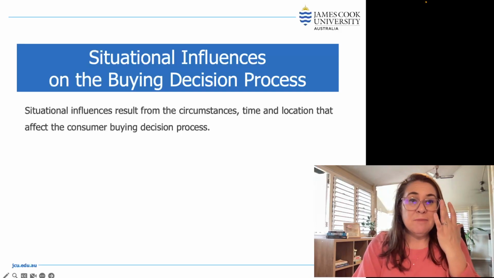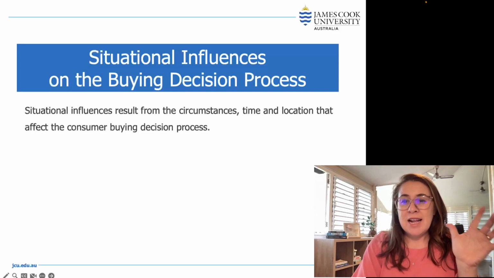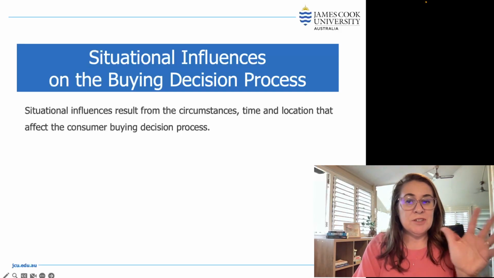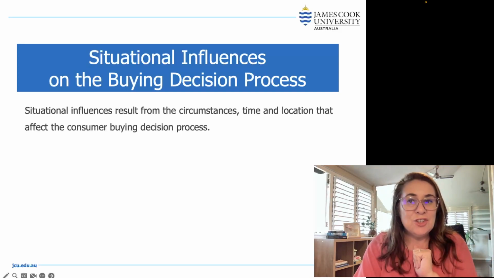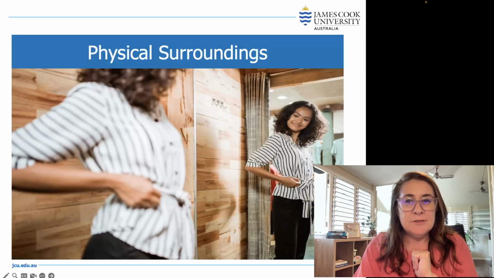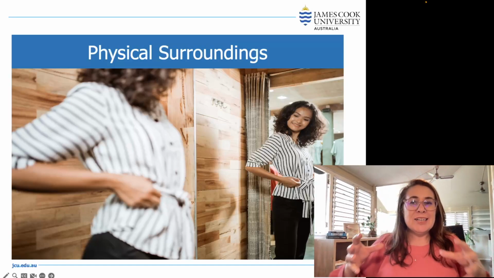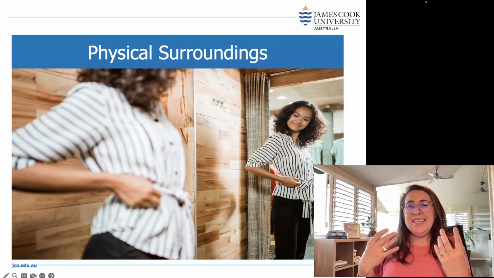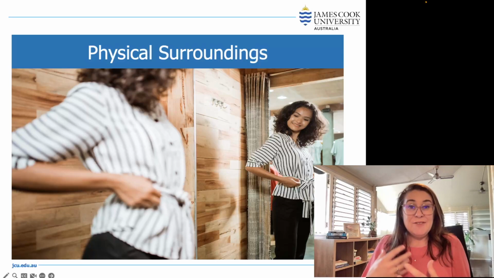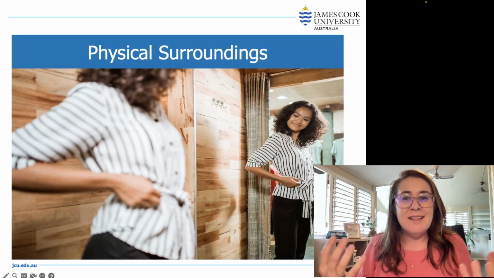Situational influences can be divided into 5 categories: the physical surrounds, social surrounds, time dimension, physical reason, and the consumer momentary mood. So let's look at those in a bit more detail. The physical surrounds includes the actual location, the store atmosphere, the physical evidence of the store, such as the aromas, sounds, and lighting.